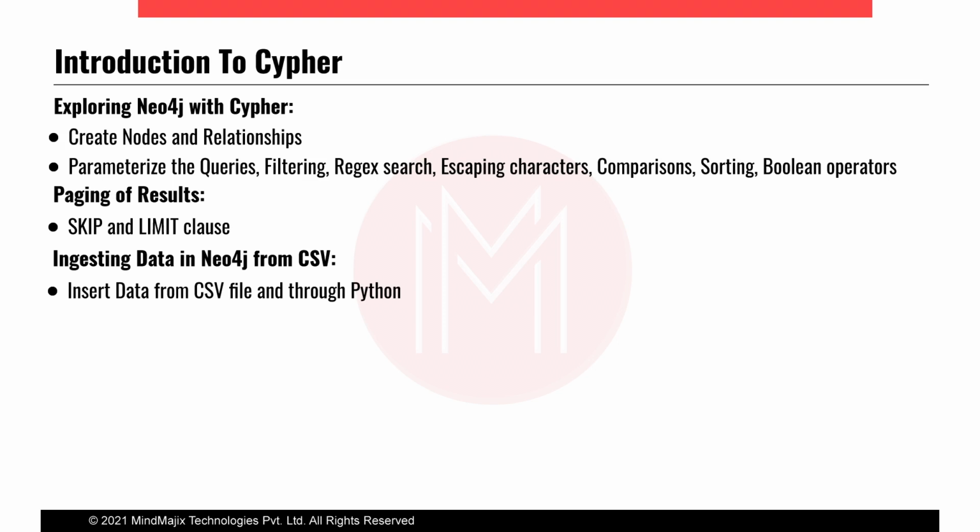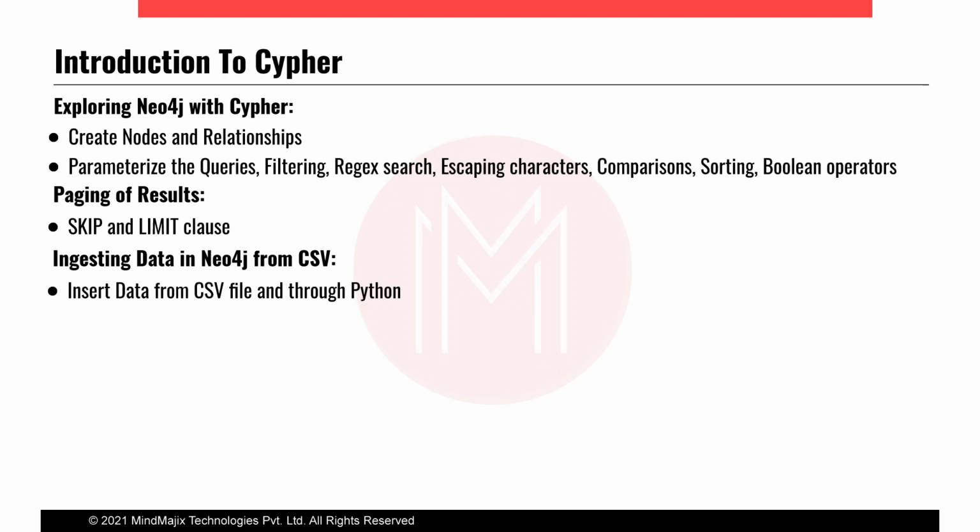Basically, how we do the data modeling. As part of it, we will write queries, filter data, do regular expression search, sorting, and Boolean operations like true and false. Like normal SQL queries, it follows a similar pattern but in a different way. Cypher handles things differently, and you have different clauses for it.